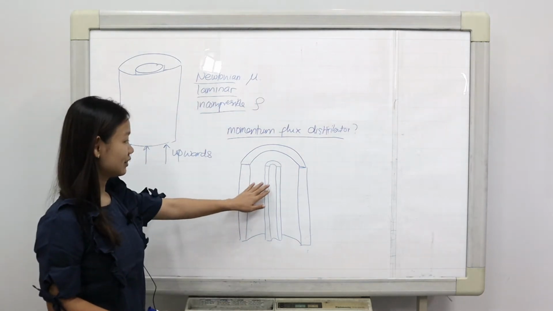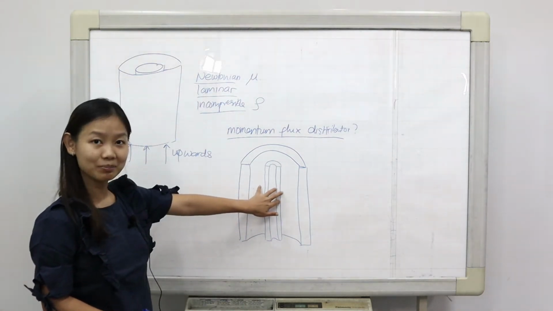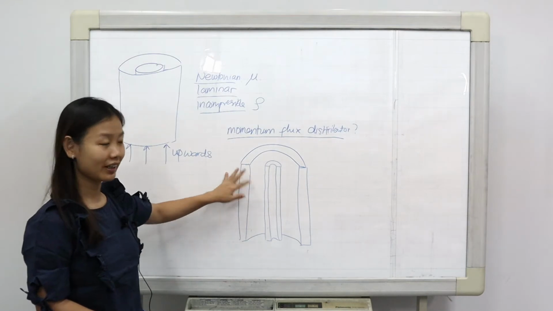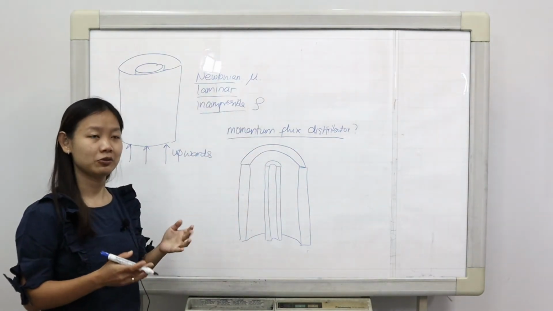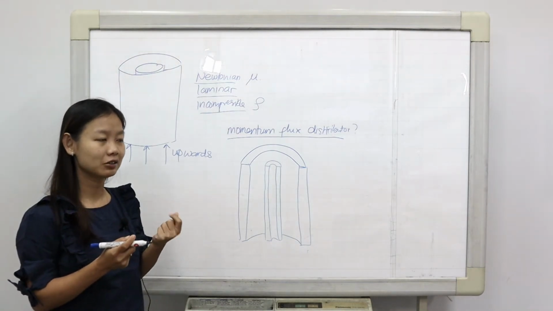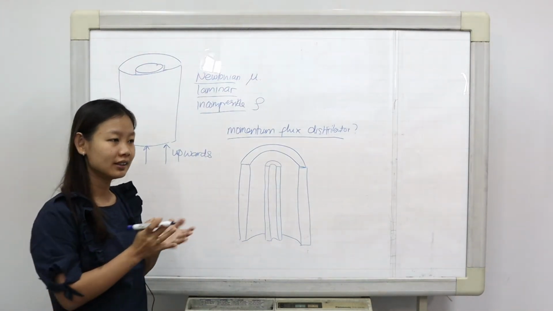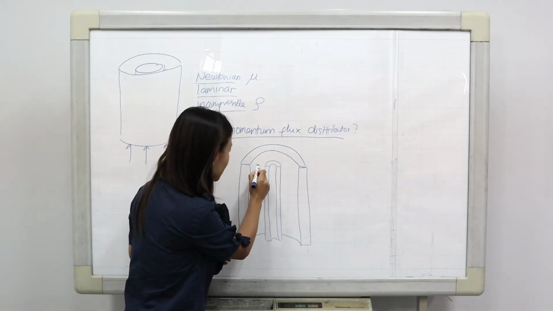So this is the small pipe and this is the bigger pipe. This is the cross section of the annulus. To make the shell balance, firstly we have to determine the control volume.